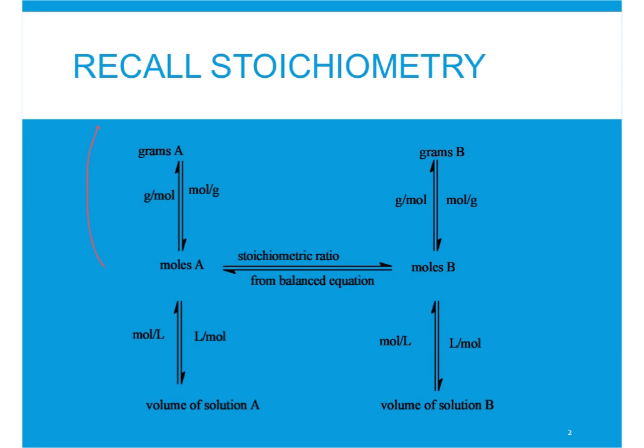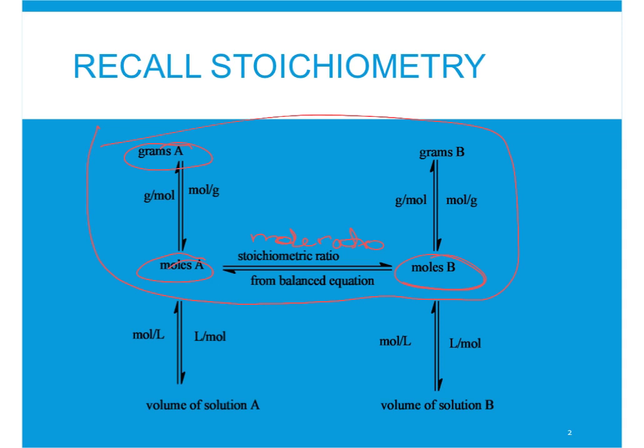Alrighty, so looking at the top half of this chart is our regular stoichiometry map. We're used to going from grams of, let's say, some reactant to moles of that reactant, and then using the mole ratio in the balanced chemical equation to get moles of, usually, one of the products, etc. And what we're going to be focusing on more often than not when we're talking about chemical reactions are solutions, things dissolved in other things.